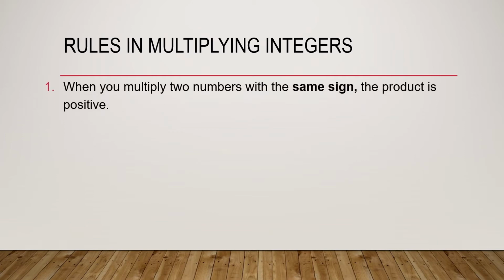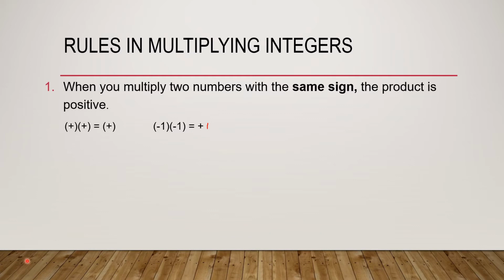Okay, 1, when you multiply two numbers with the same sign, the product is positive. Okay, like this, no? So we have positive times positive equals positive. Negative 1 times negative 1 is positive 1. In other words, multiplying the same sign is positive.